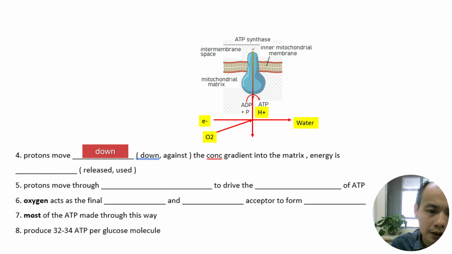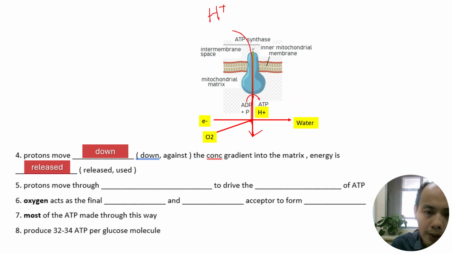After that, the hydrogen ion will diffuse from high to low concentration, from the intermembrane space back to the matrix, and the energy is released.